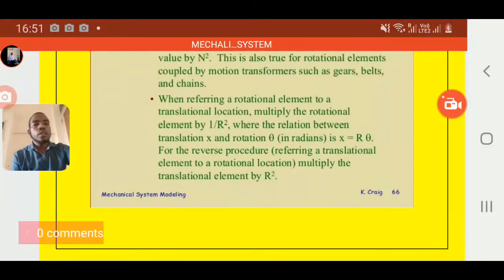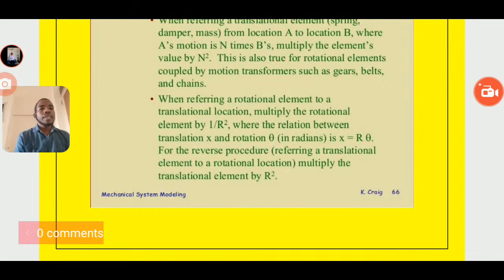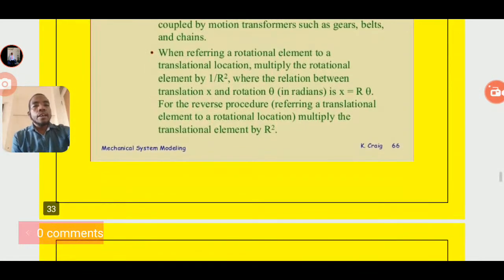That means coupled by motion transformers such as gears, belts, and chains. When referring the rotational elements to a translational location, multiply the rotational element by 1 by r square, where the relation between the translation x and the rotation theta in radians is x is equal to r theta.